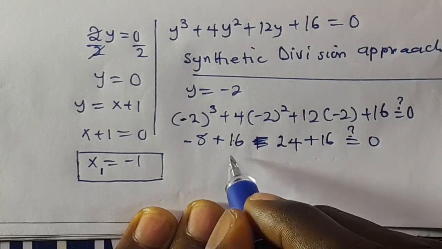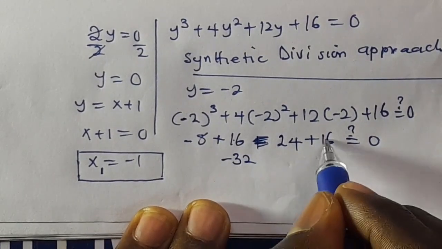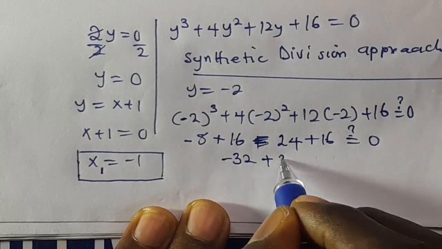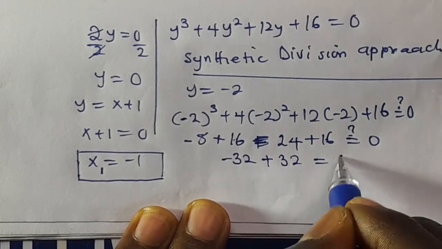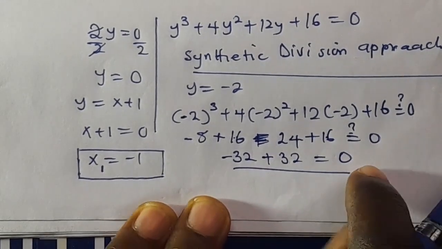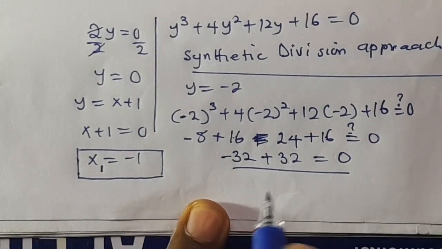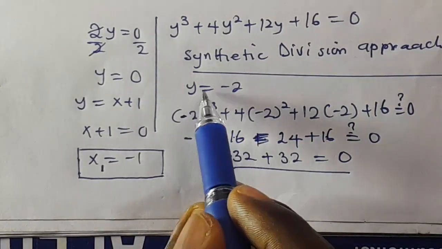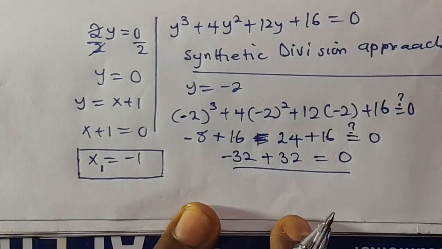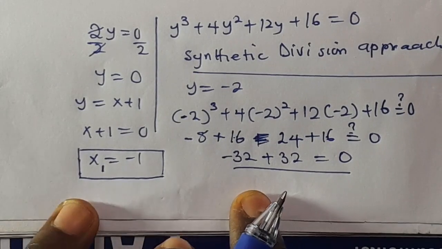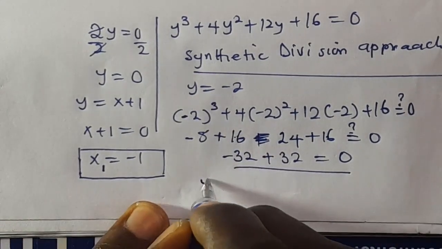Minus 8 minus 24 will be minus 32. This plus this, we have it to be plus 32, which equals 0. So this expression is true for the value of y equals -2, which means that we have y equals -2.